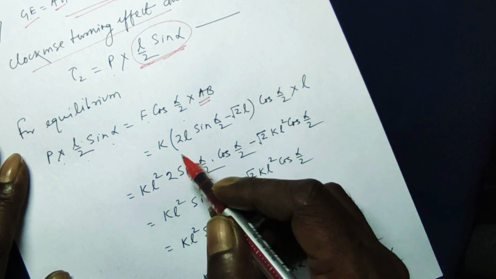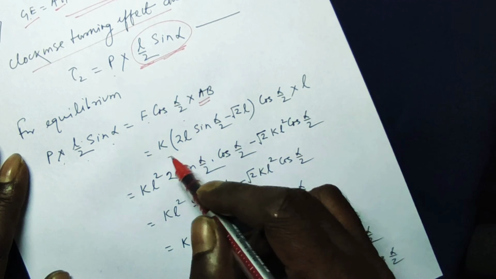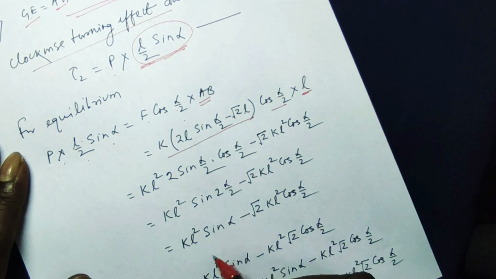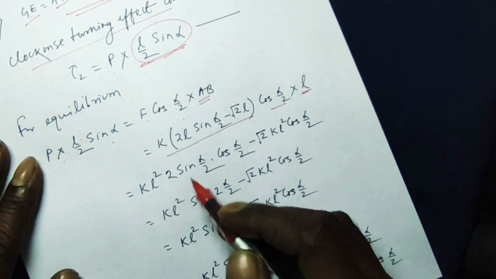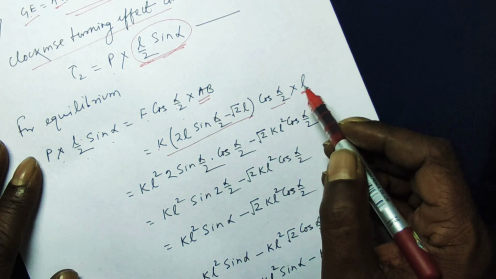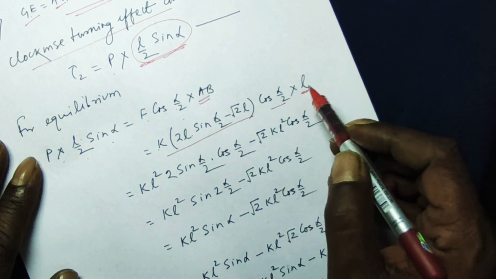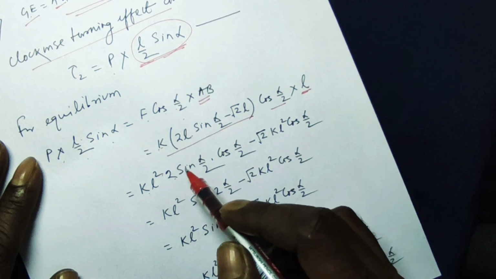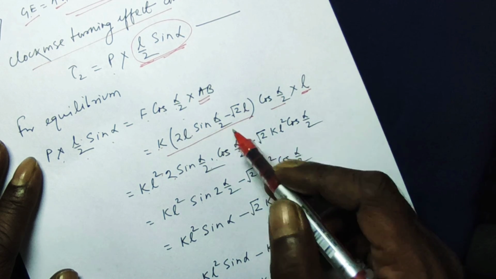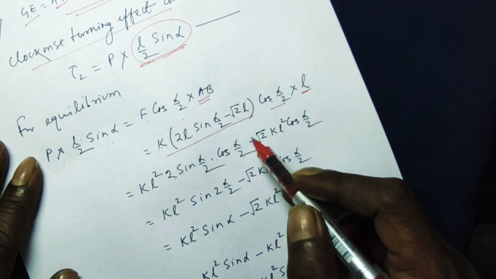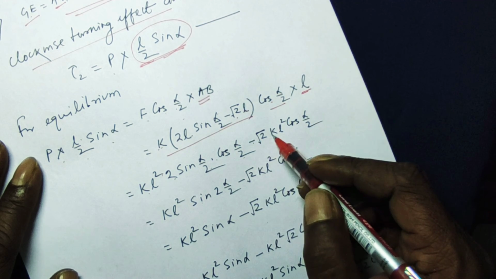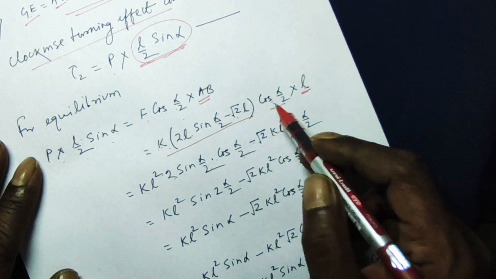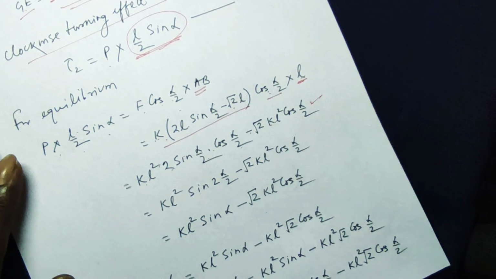Now put the value of F, which I just calculated, and cos alpha by 2, AB is equal to L. So L will be multiplied here, L will be multiplied here, so it becomes KL square 2 sin alpha by 2 cos alpha by 2 minus root 2 KL square times cos alpha by 2.